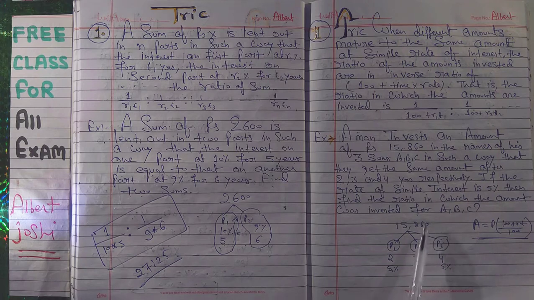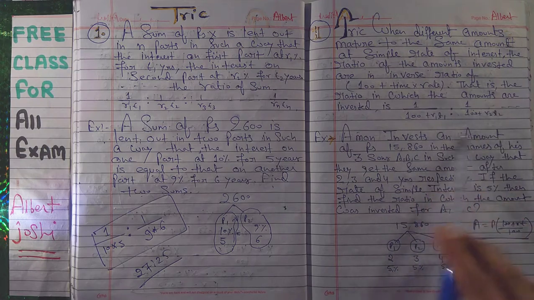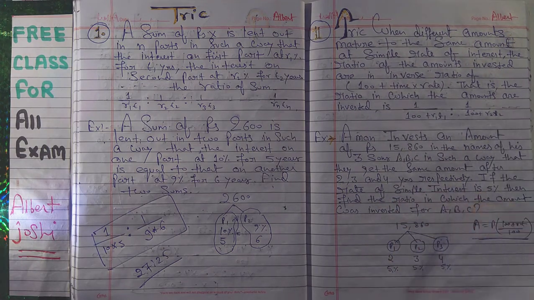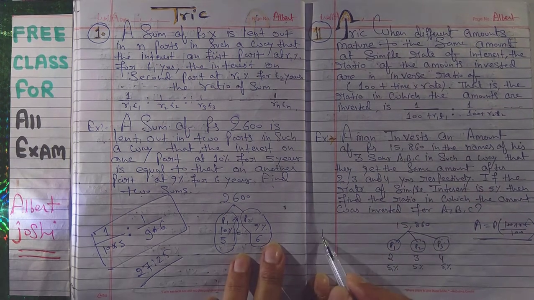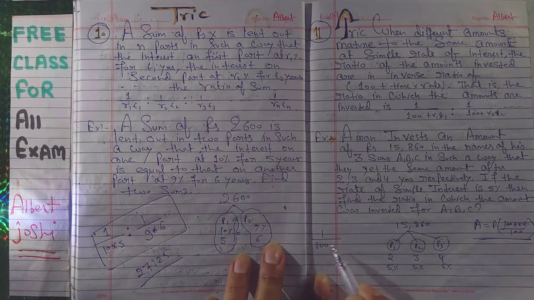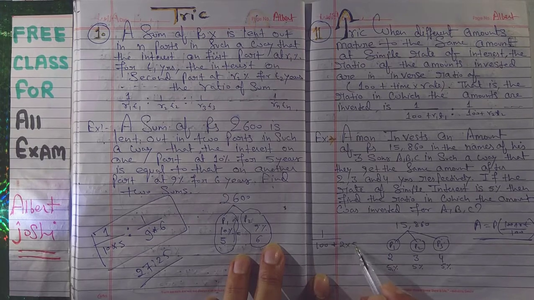But what is he asking? Find the ratio in which the amount was invested. He is asking the ratio, he is not asking about the sum. So I have given you this formula. You have to put only the data here. 1 upon 100 plus R1, R1 is 2 into 5.